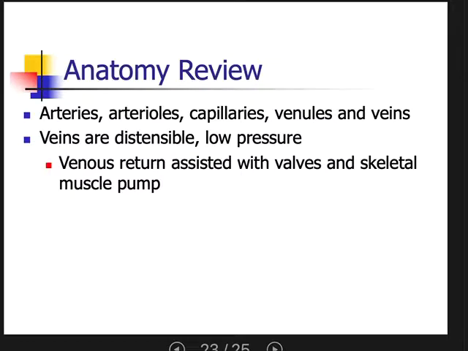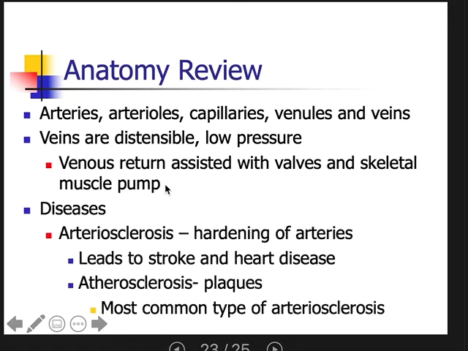So how do we get all of that blood back to the heart so that it can be pumped again into the arteries? Well, we have this return system with these one-way valves, and your skeletal muscles help pump it, and it can only go in one way because of these valves. So another reason why being active is so important.